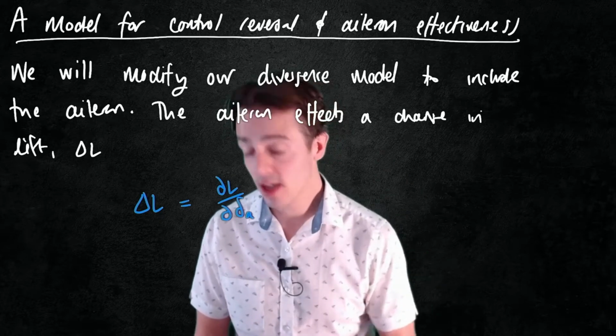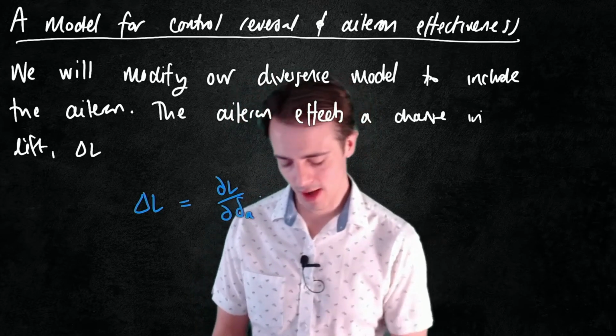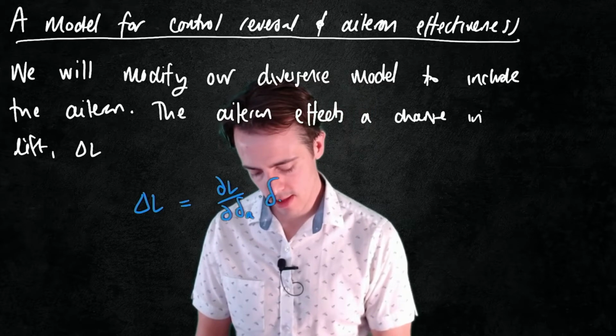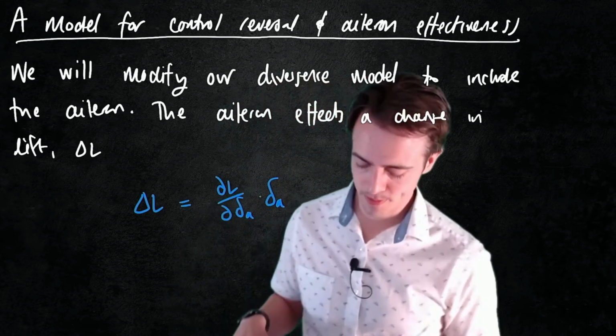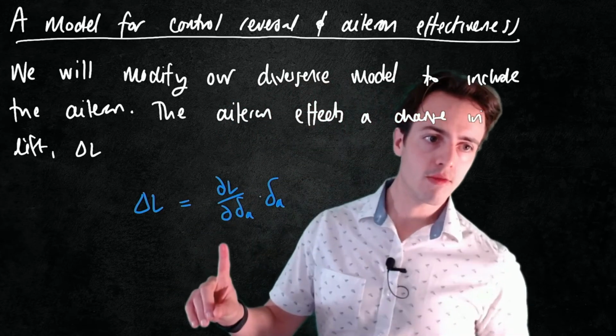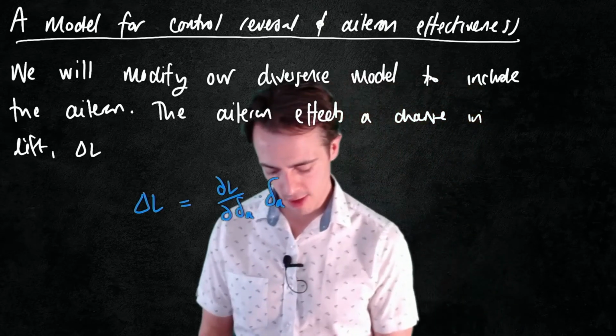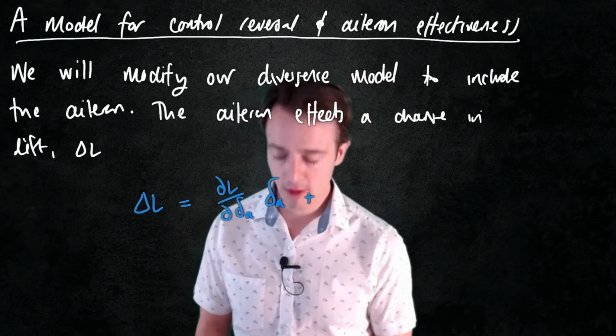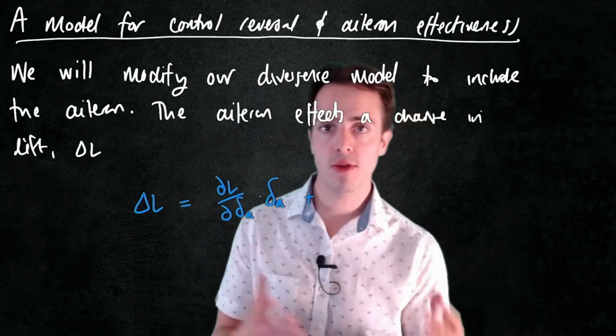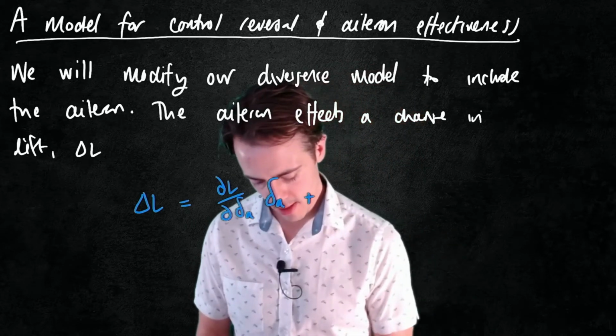I can hear it, sorry. I'm only talking about ailerons in this class, but I will confuse them at times when I'm speaking. Okay, so this would be the rate of change of the lift with the aileron deflection multiplied by the aileron deflection, and then we've got to account for the reduction in lift due to this torsional twist.